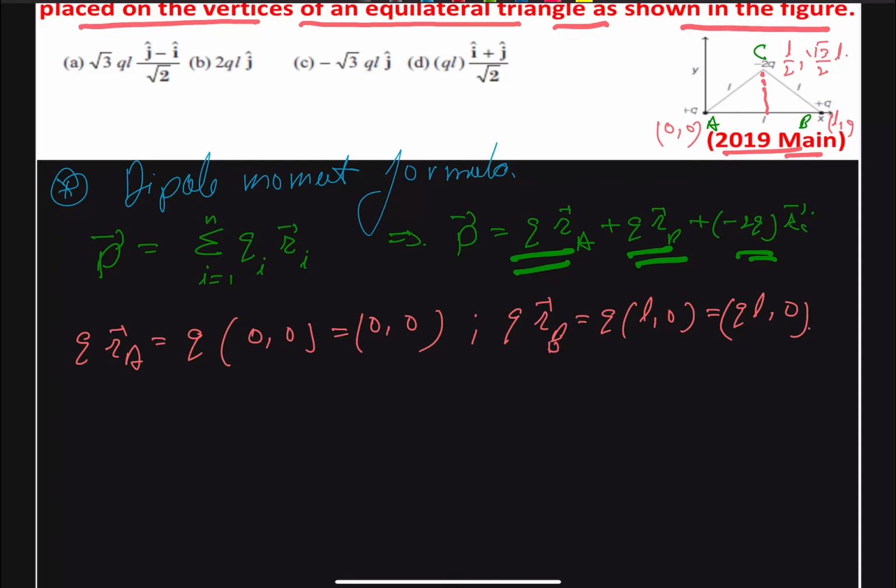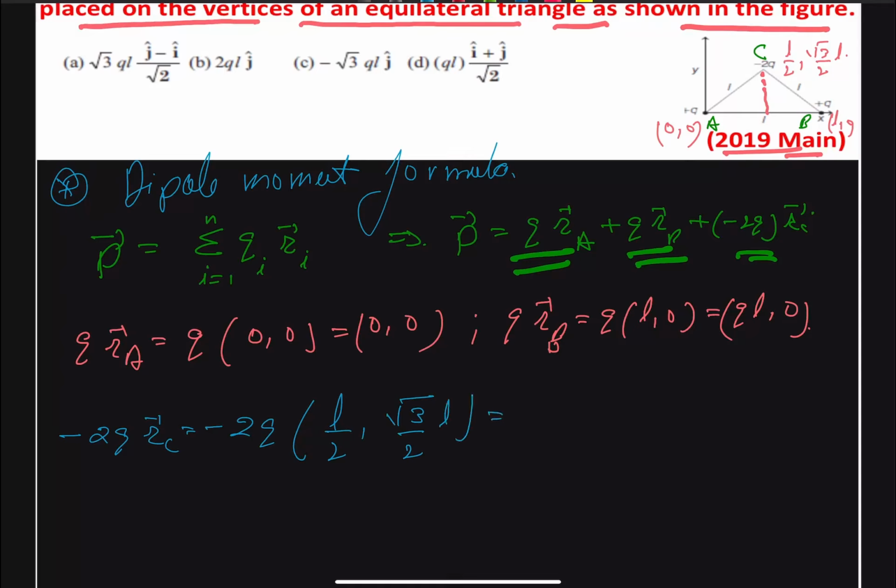And finally, minus 2Q multiplied by RC, where RC is L by 2, comma square root of 3 by 2 multiplied by L.